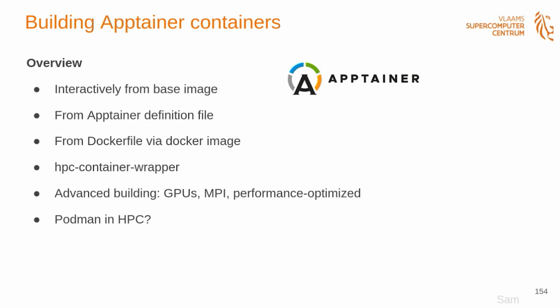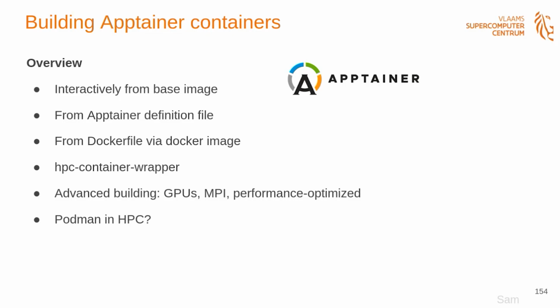There's also a third way. If you know Docker, if you know how to write Dockerfiles, then you can also first create a Docker image and then convert that Docker image to Apptainer if you want. That's also an option. And then the fourth option is to use the HPC container wrapper.